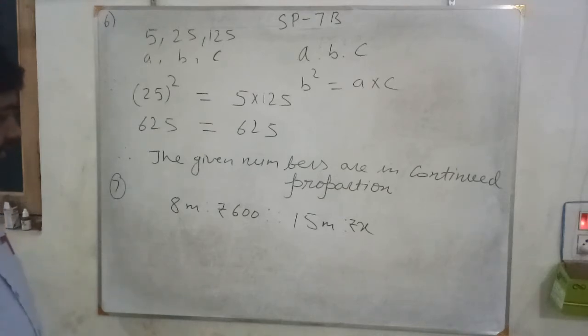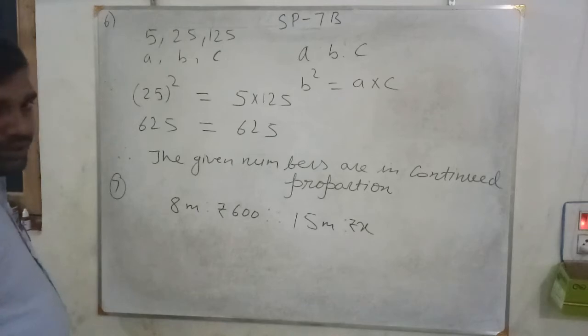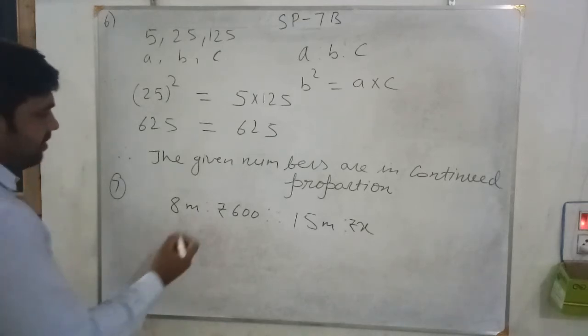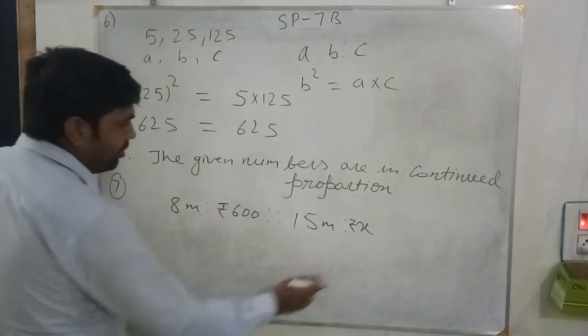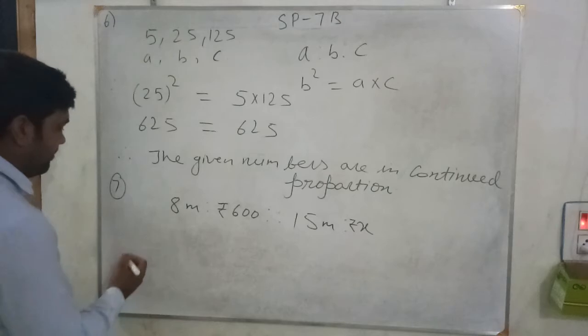So now how we find? Using the law of proportion, the product of extreme terms equals the product of mean terms.